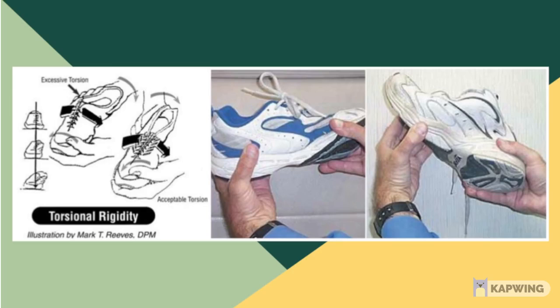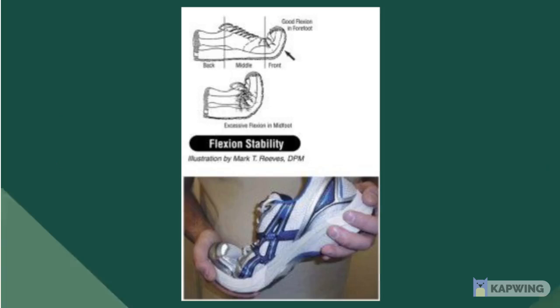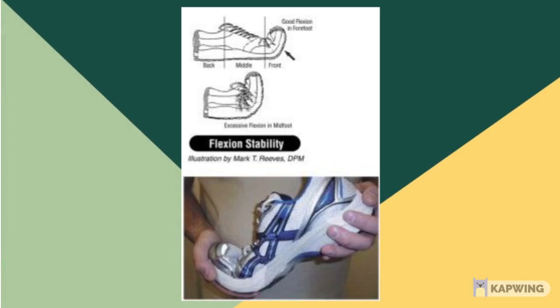As you can see, this step is very simple and can be done easily by yourself just by using your own hand. And the last test is named flexion stability.